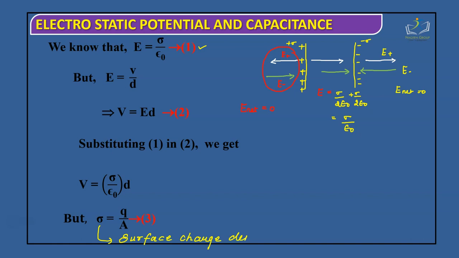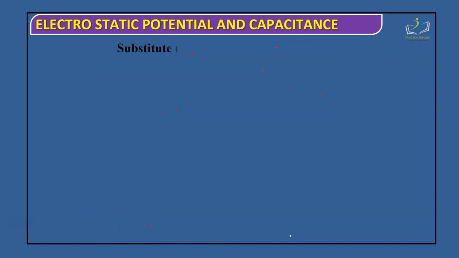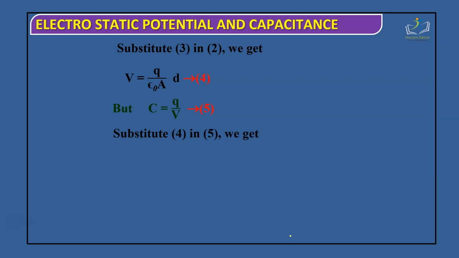It is the surface charge density. Now substituting the value of equation 3, we get V is equal to Q by epsilon naught A into D, and we know C is equal to Q by V. We put the value of equation number 4 in 5, and we get the value of capacitance, which is epsilon naught A by D.